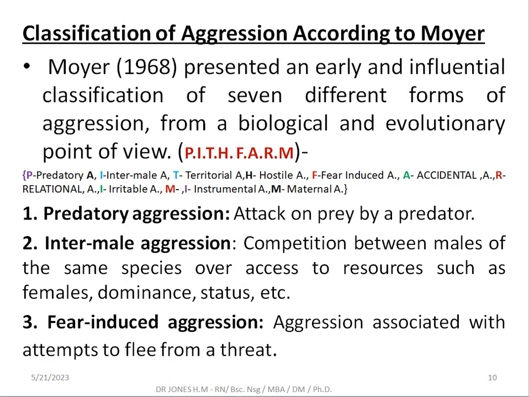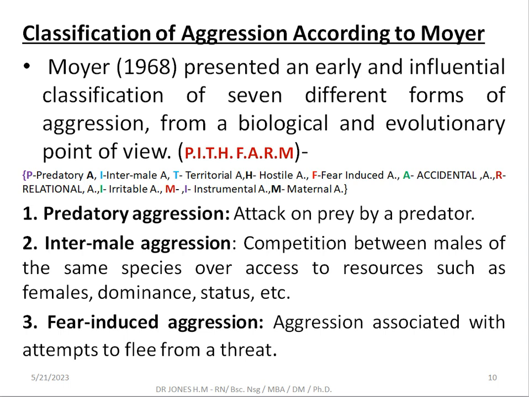Okay, Moyer came up with an influential classification of 7 different forms of aggression, that range from biological to evolutionary points of view.